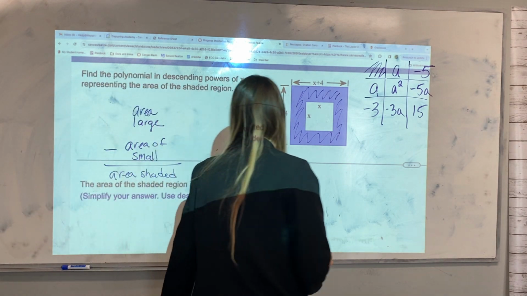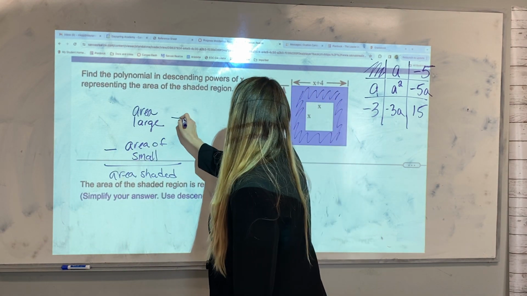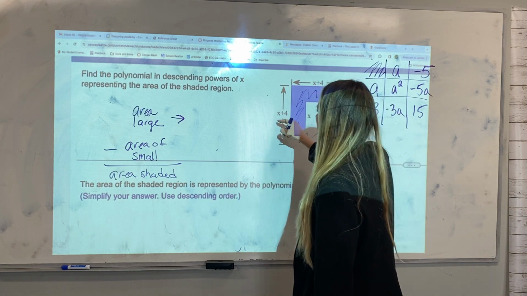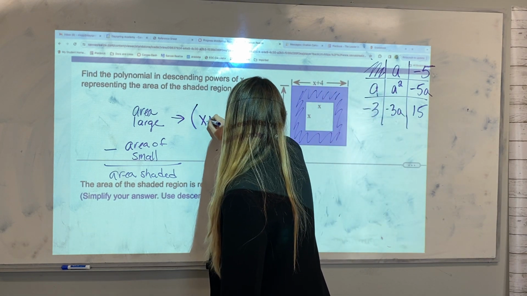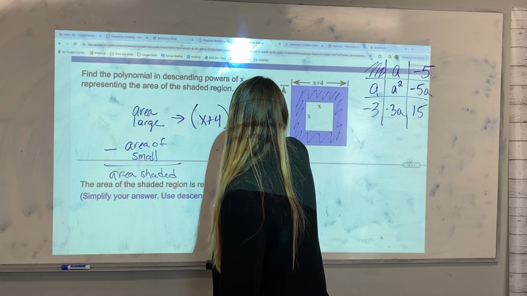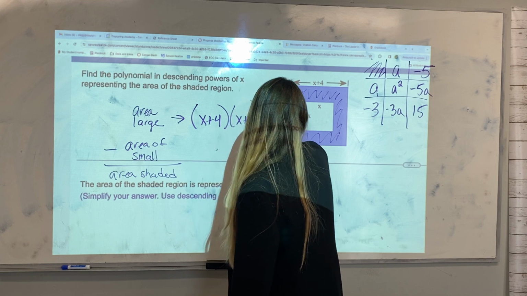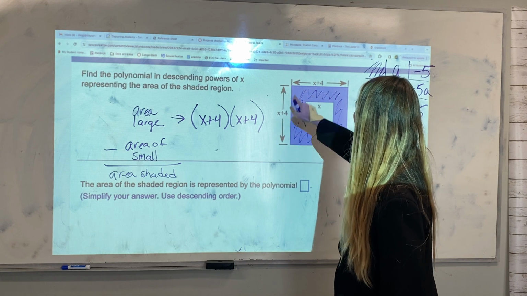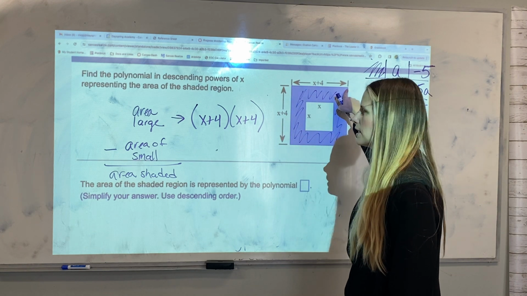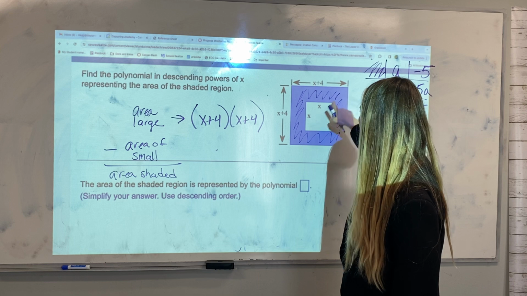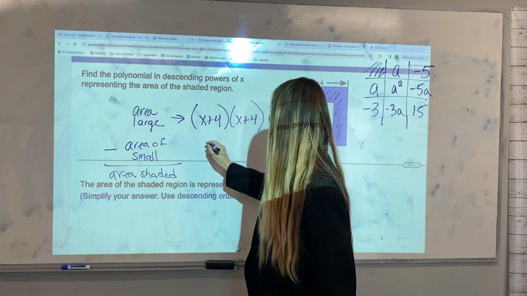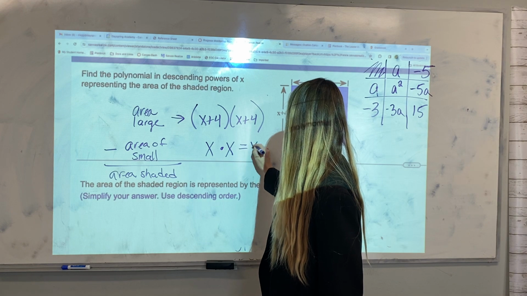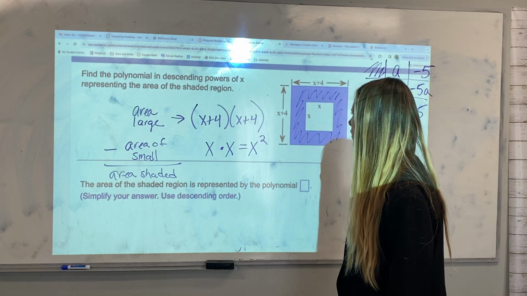And that requires me to get the area of the large square, which would be x plus 4 times x plus 4, because we have to do the side times itself. Then the area of the small square is simply x times x, which we could rewrite as x squared.